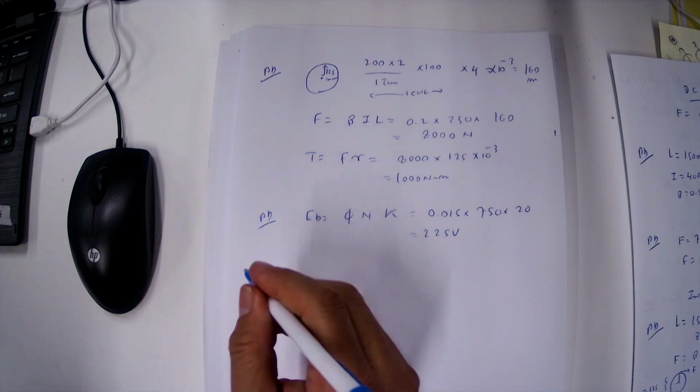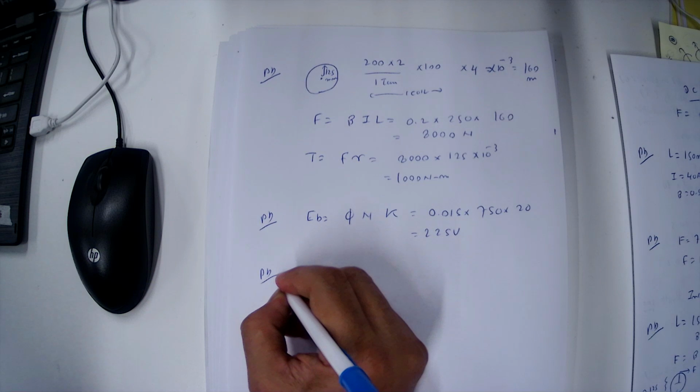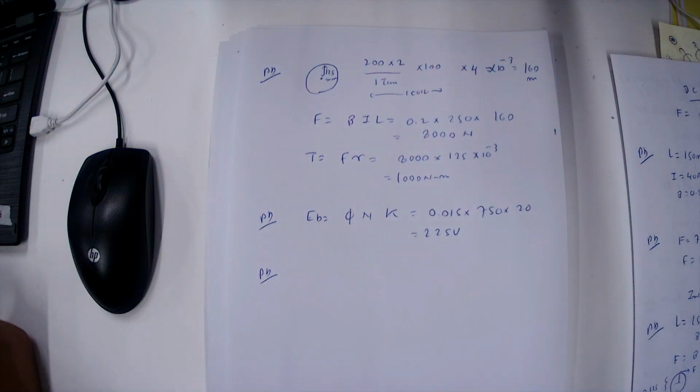The next problem. A DC motor has a machine constant, and the motor is connected to a 250 volt supply. We have to calculate the armature current.